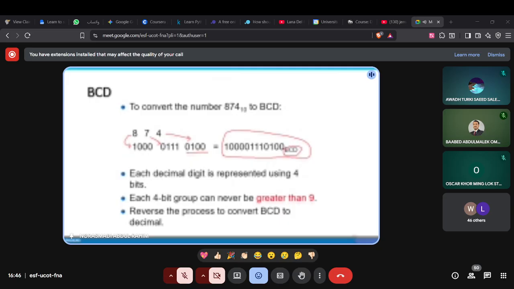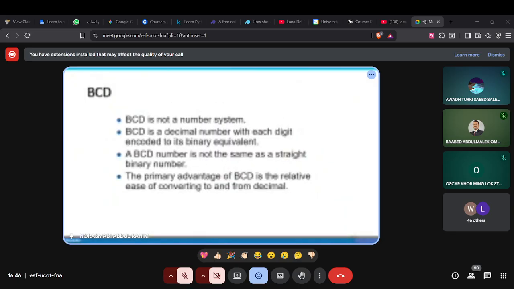So if the question says BCD, you need to put BCD here. If binary, you put 2. In octal, 8. For hexa, 16. In BCD it is BCD.